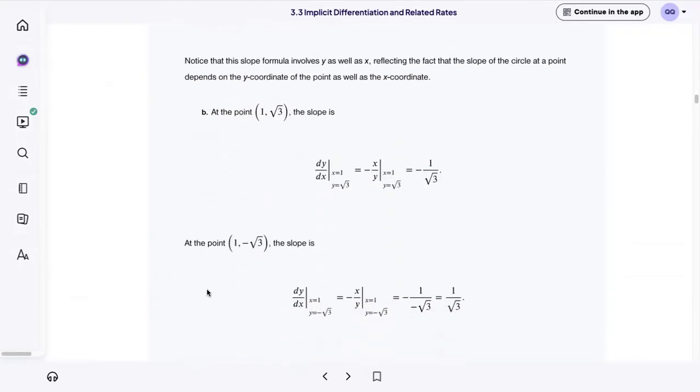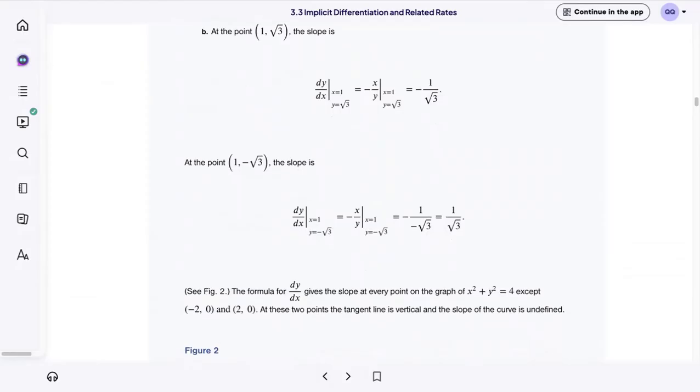Then we can evaluate at the given points. So dy/dx equals negative x over y. At this point, we just plug in. So that's that. At this point, we plug in. That's positive.